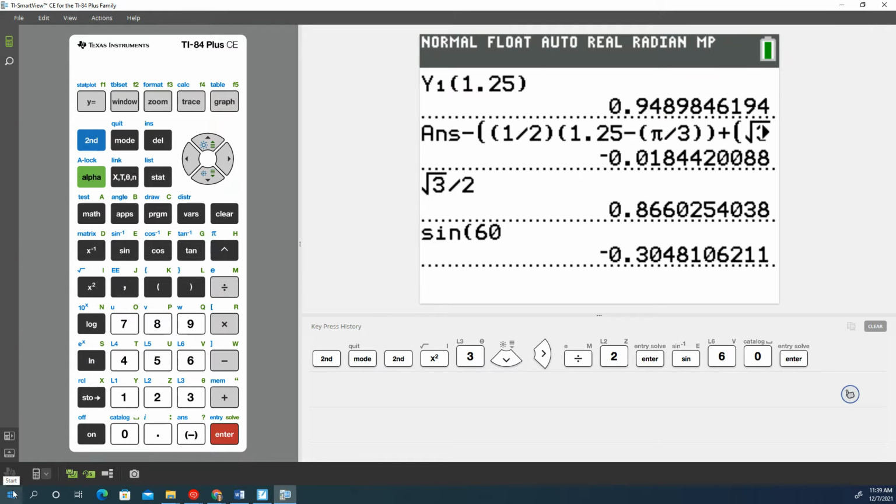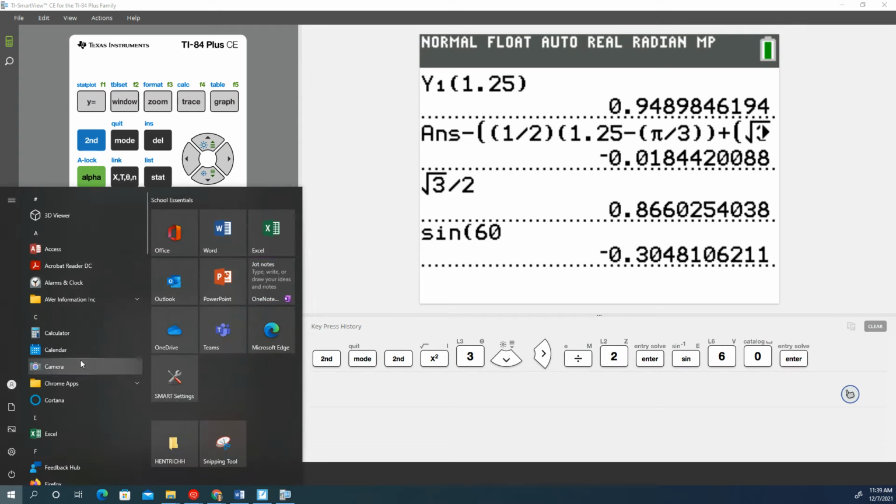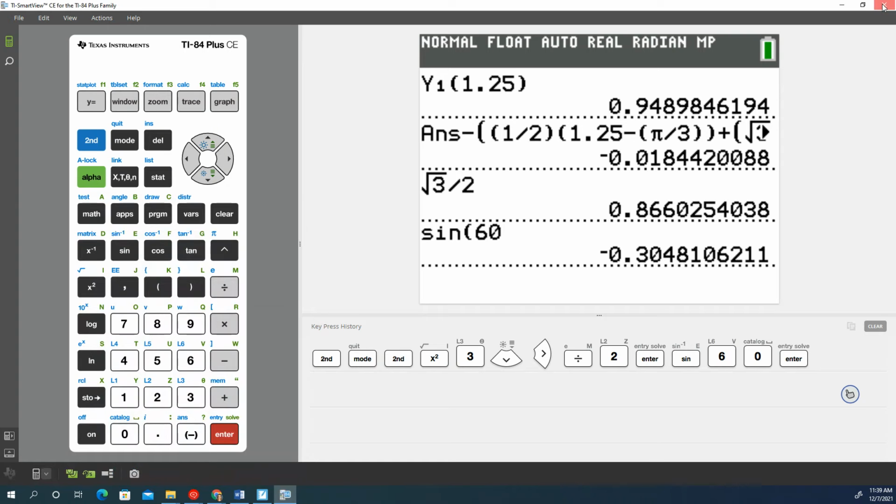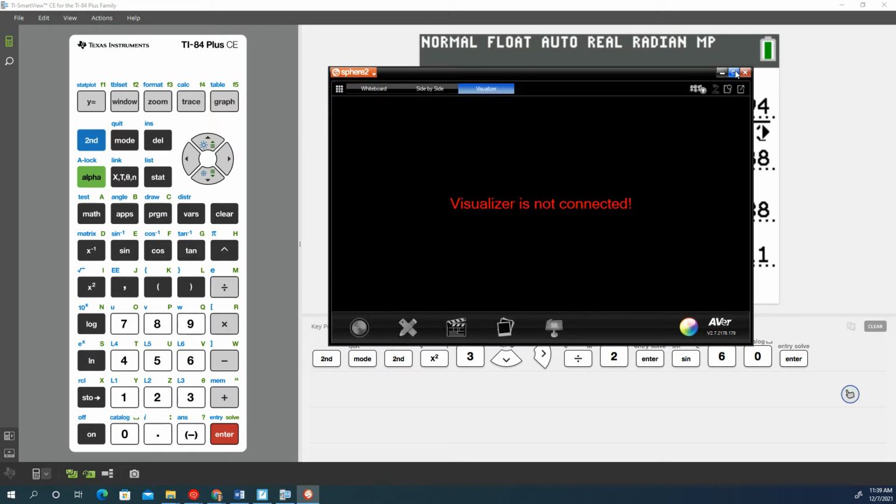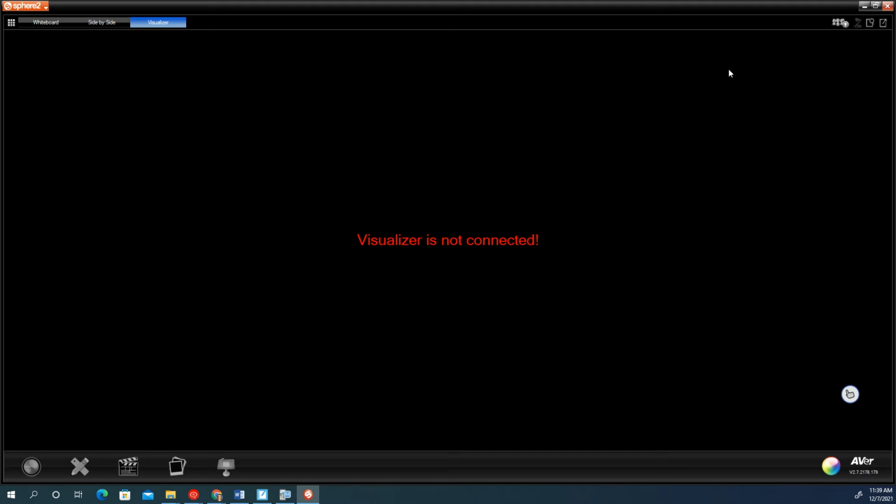It won't even let me close out of this. All right, I'll just use my dot cam and show you on this one. It's loading.